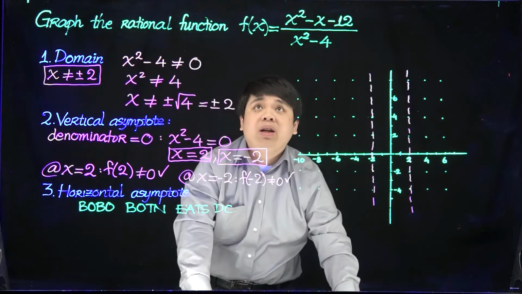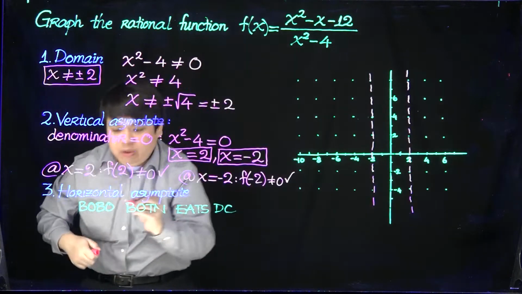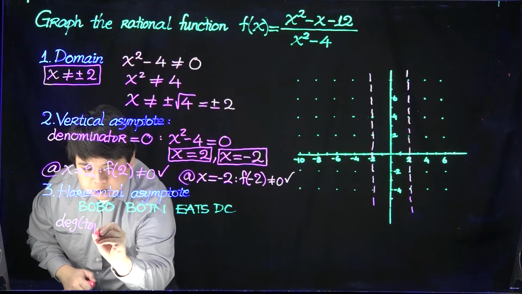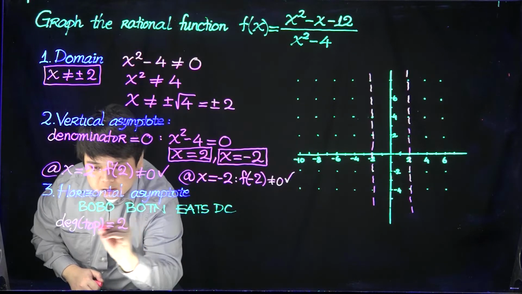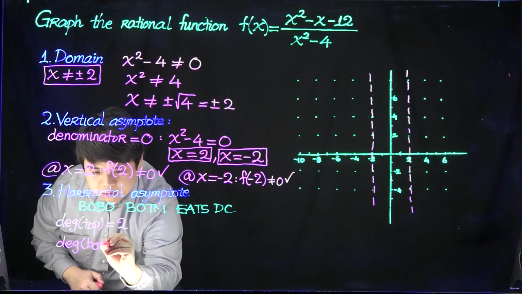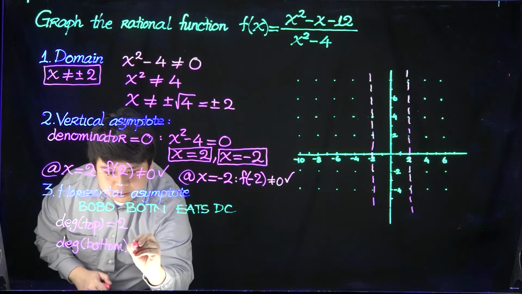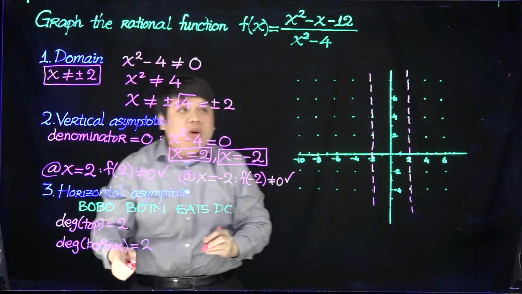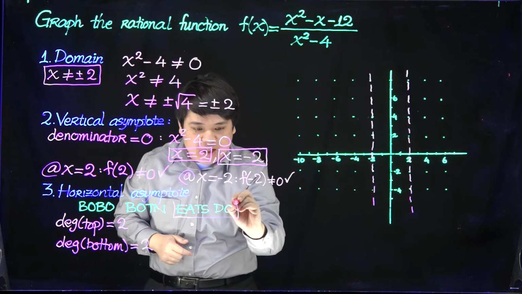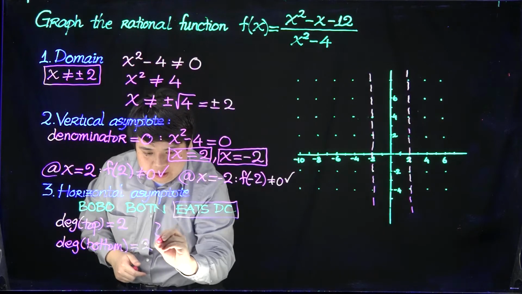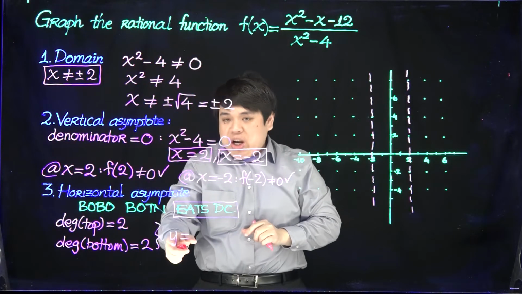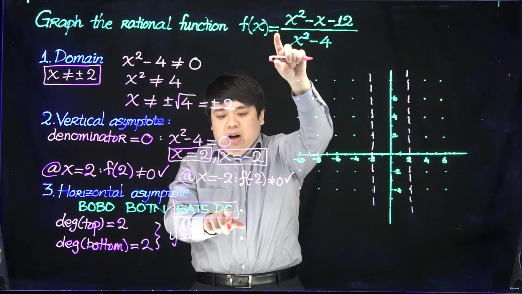In our case, the degree on the top is 2, and the degree on the bottom is 2, so both are the same. Therefore, we have this case: the horizontal asymptote will be the ratio of the coefficients.